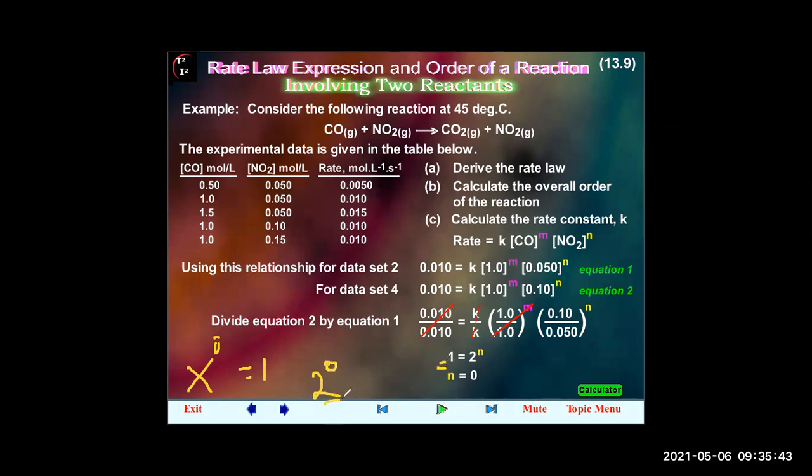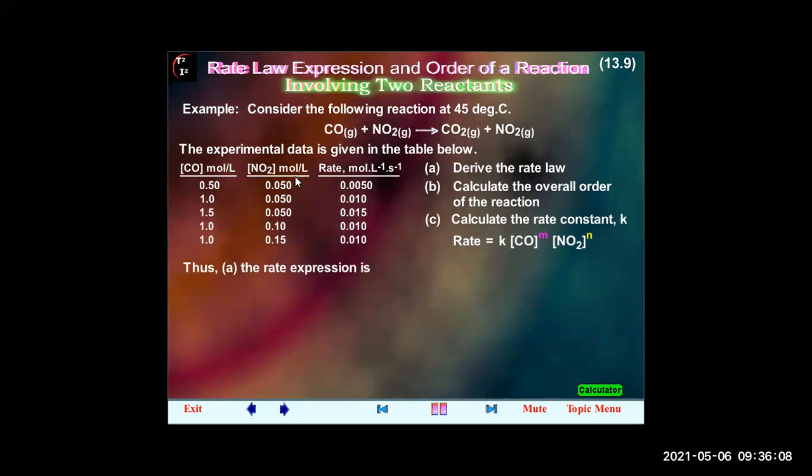So since 2 and 2 have the same base, then 0 equals n. All right? That is mathematics, this is not chemistry. Therefore, the order of the reaction with respect to NO2 is 0.